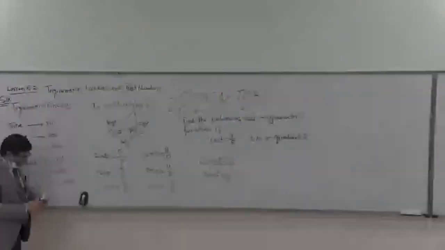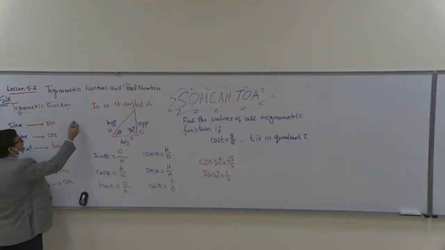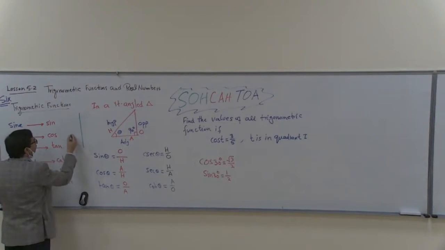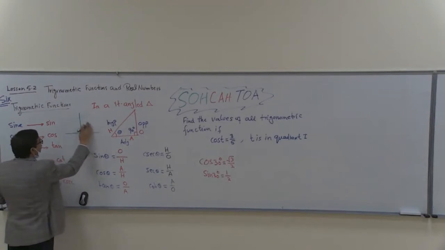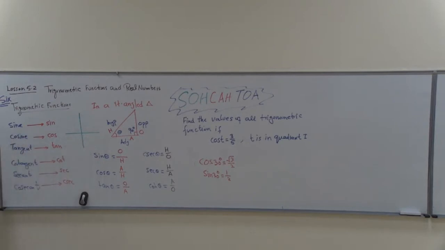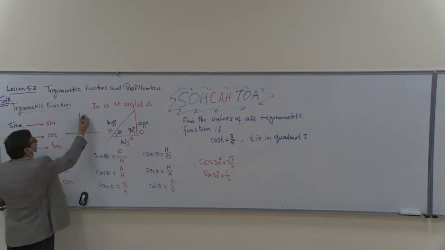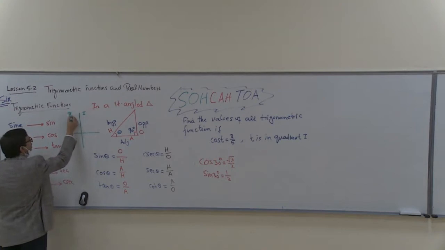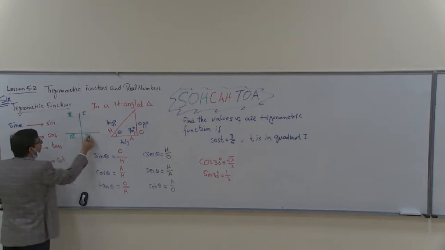Okay, great. One more thing: we know in a circle we have 4 quadrants. This is quadrant 1, quadrant 2, quadrant 3, and quadrant 4. And all these trigonometric functions have their signs over there.